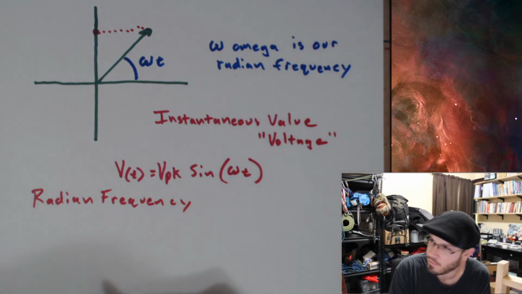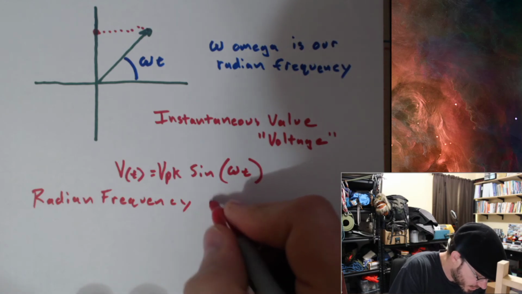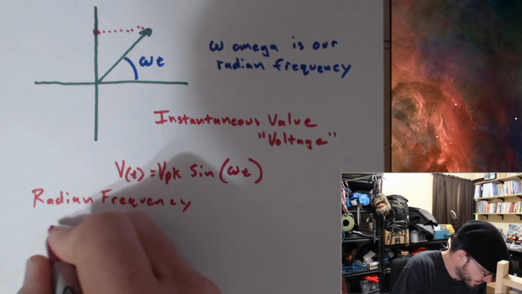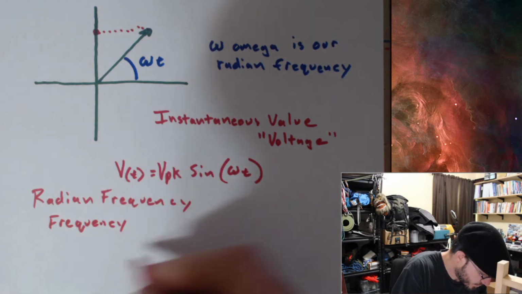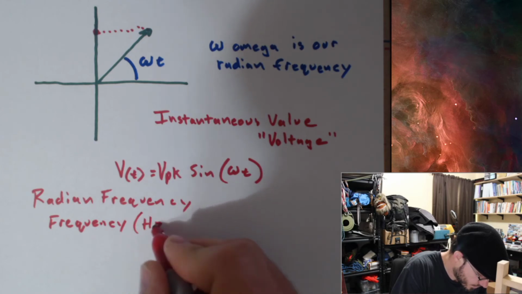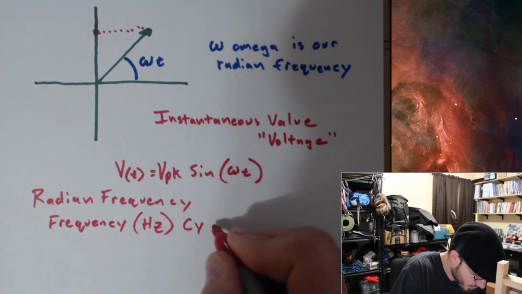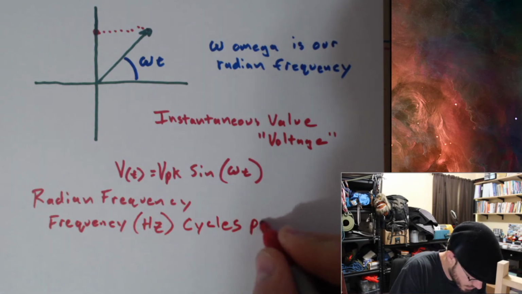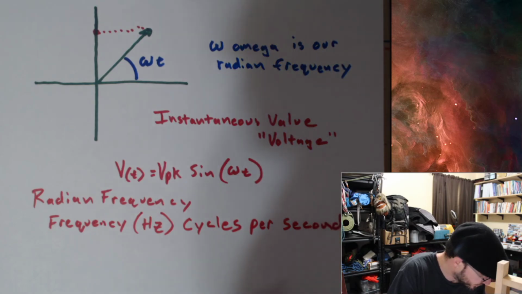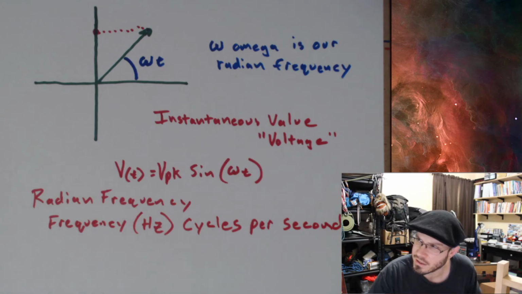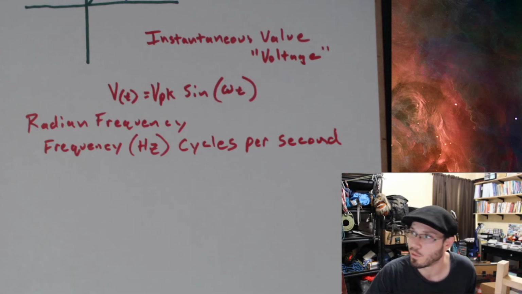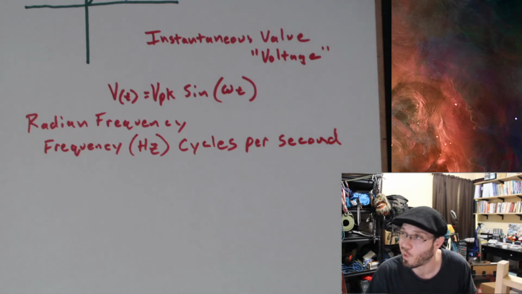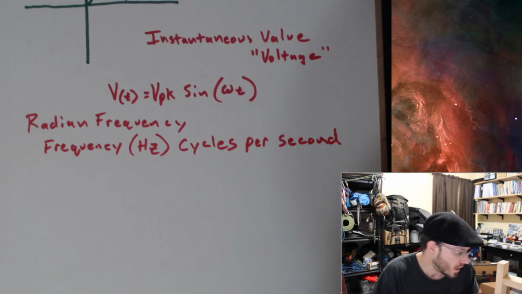Now, we're used to defining frequency as hertz, as cycles per second. And we've been looking at that in LTSpice and using that thus far. 1 hertz would be 1 cycle per second, 2 hertz would be 2 cycles per second, 1 kilohertz would be 1,000 cycles per second.